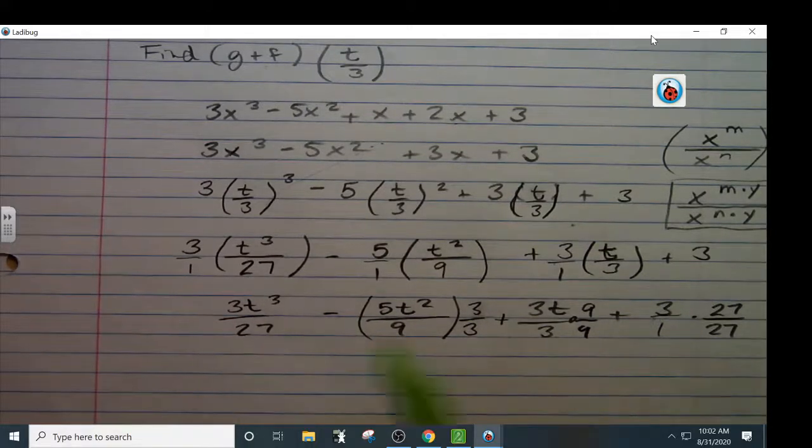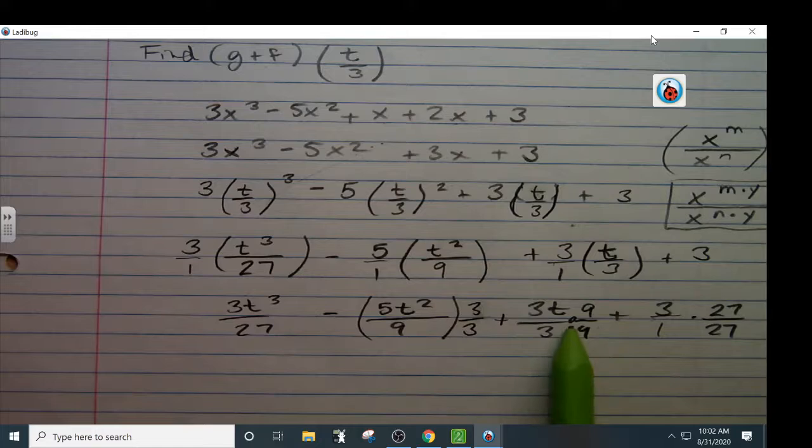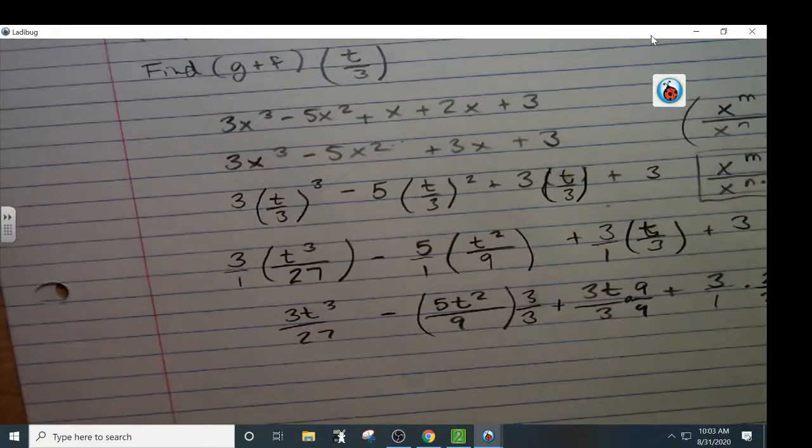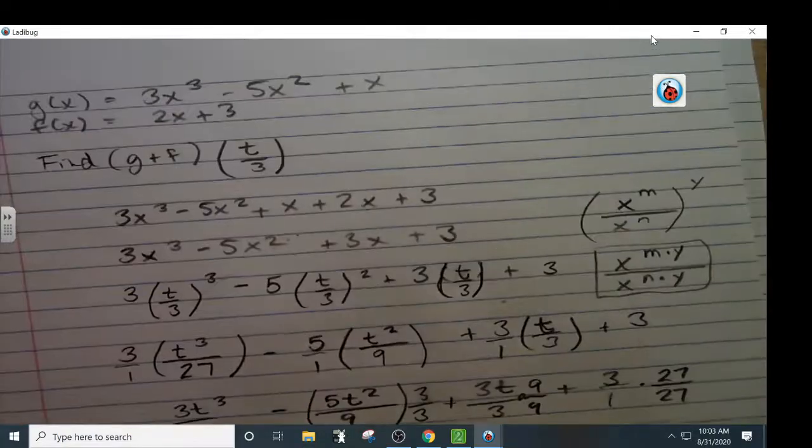Okay, so I had to multiply top and bottom by whatever makes the bottom 27, which is my common denominator. All right, so now what that's going to be is this.